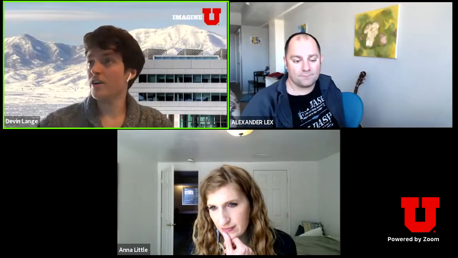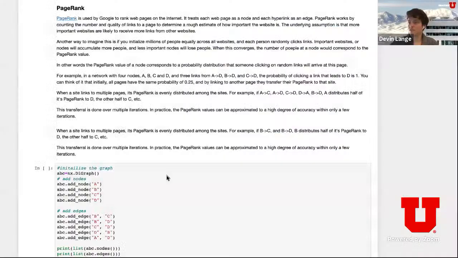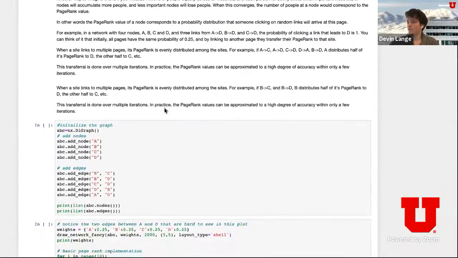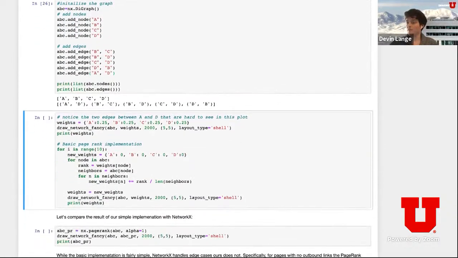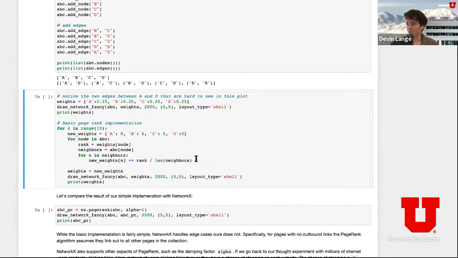So if I stop my share and go back to our code, we can see this in action. So again, here I've set up the same network, and I've implemented a very basic implementation of this PageRank algorithm.